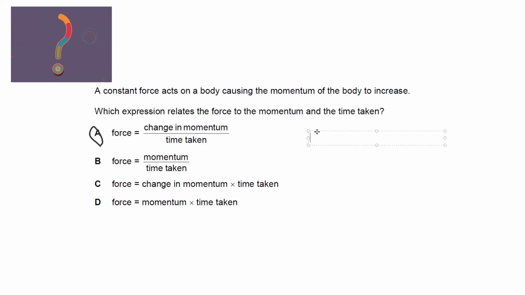Yeah, that's right. A is the right and correct answer because we know impulse is equal to force multiplied by time. But they're not asking about impulse, they mention which formula relates force with momentum. So impulse in terms of momentum, impulse is known as the change in the momentum.